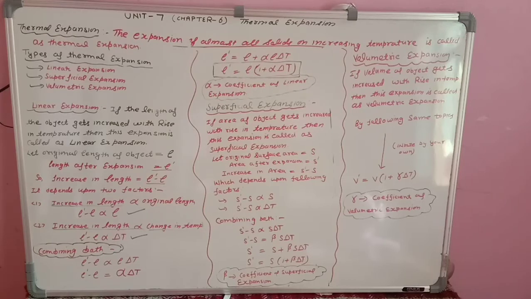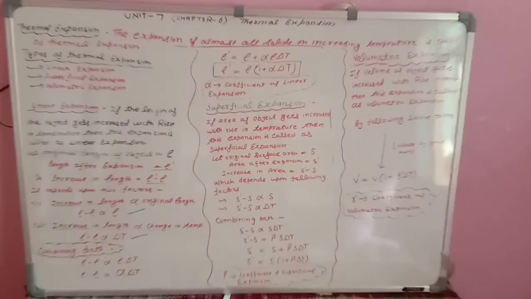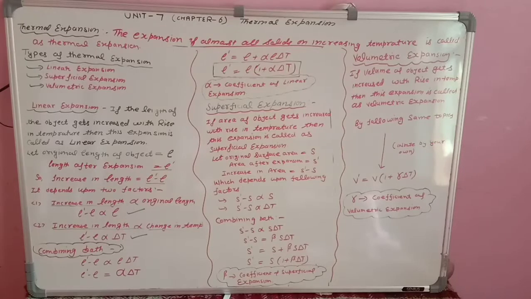Okay, but the other word associated with expansion is thermal, and thermal is directly related to temperature. That means with rise in temperature there are some type of expansions which we call thermal expansion.